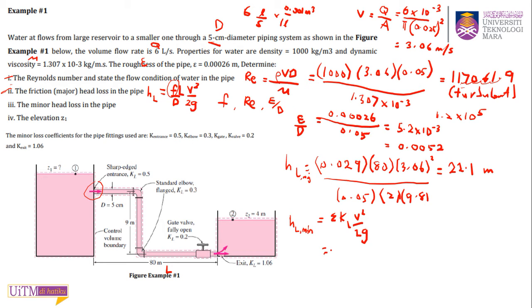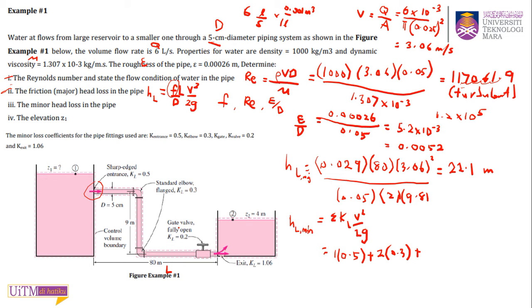So 1 for entrance, 1 times 0.5, plus you have the elbow, 2 standard elbow flange with the KL of 0.3, so 2 elbow times 0.3, plus you have the gate valve.